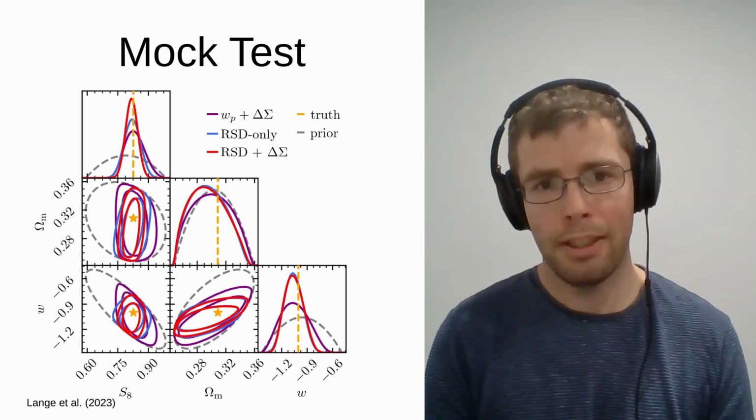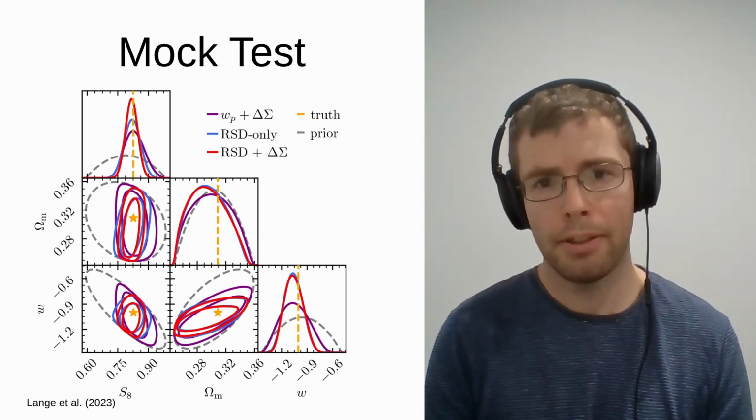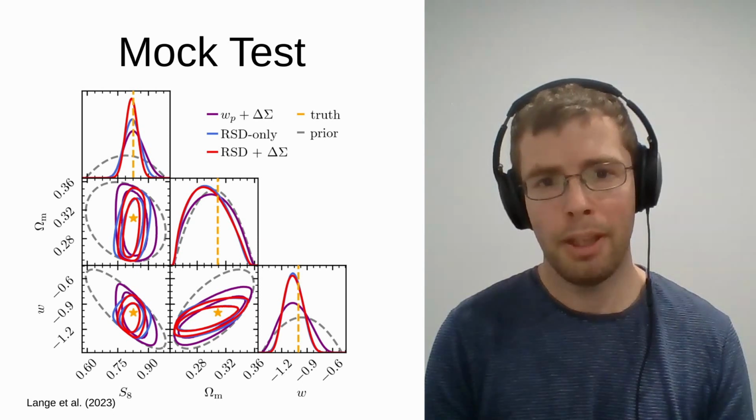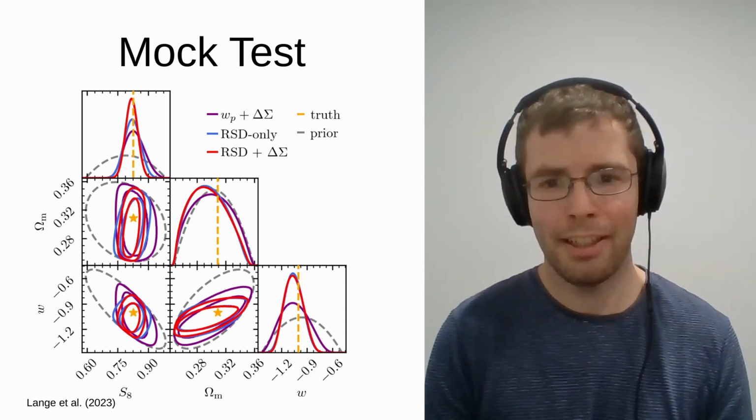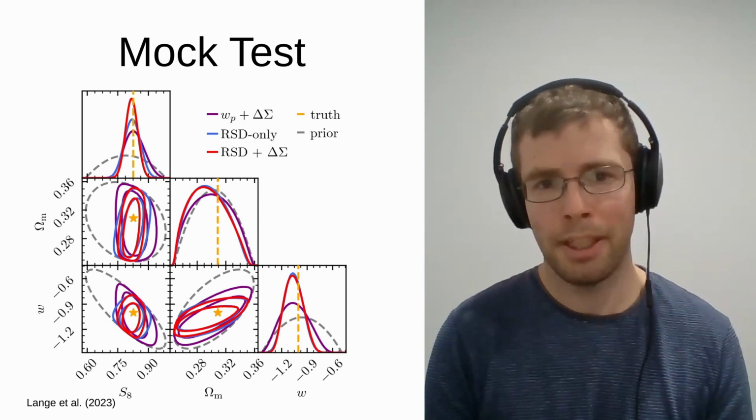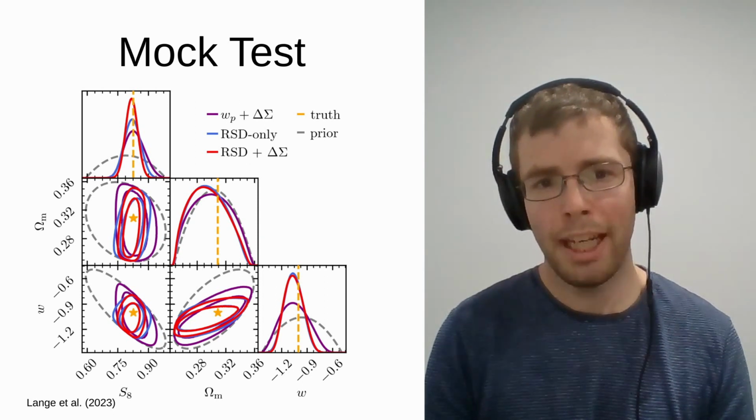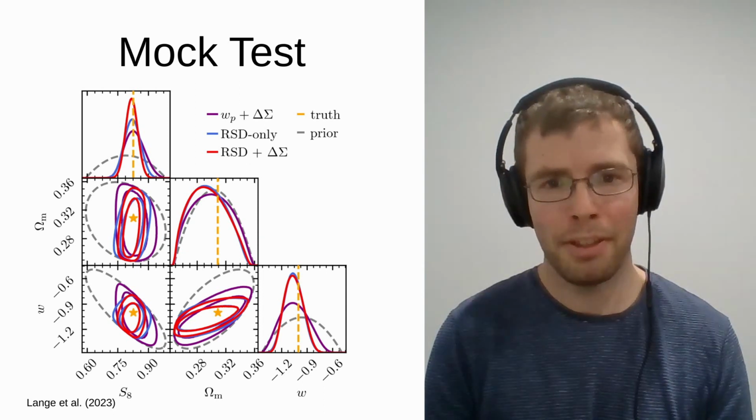So that's what you can see in this plot. In each panel, the yellow line and star indicate the input values of the mock galaxy catalog. It's basically the Planck value. The gray bands show our implicit prior.